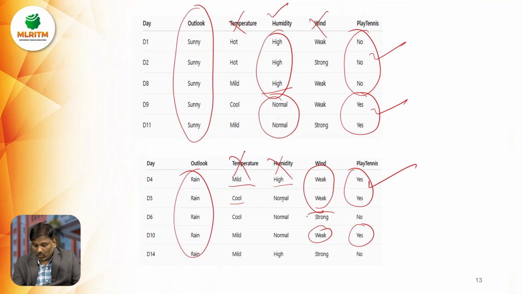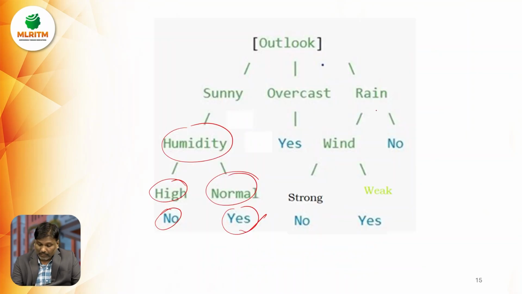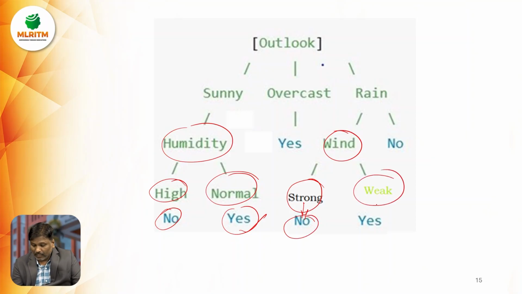And whenever it is strong, play is no. So guys, simply we can mention this as wind equals weak, all say yes. So I mentioned the leaf as yes, and wind equals strong, my leaf is no. So after rain, I mentioned the wind condition, and when wind is strong, my leaf is mentioned as no, and wind equals weak, I mentioned the leaf as yes.